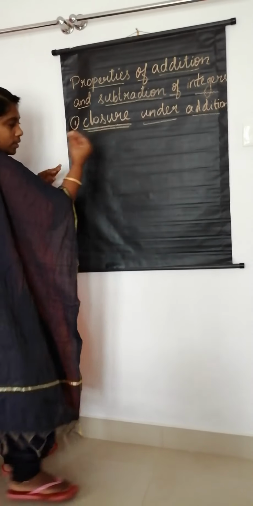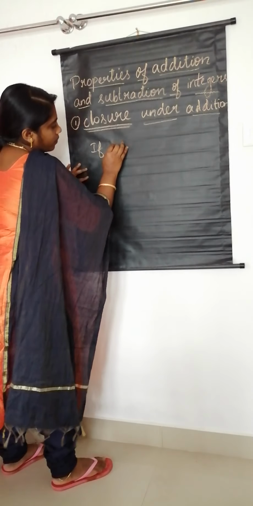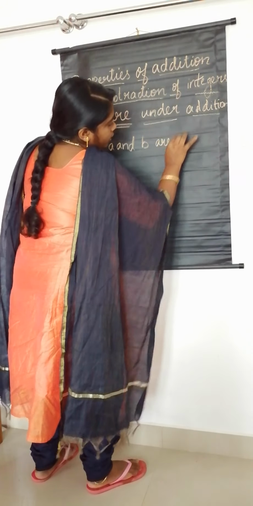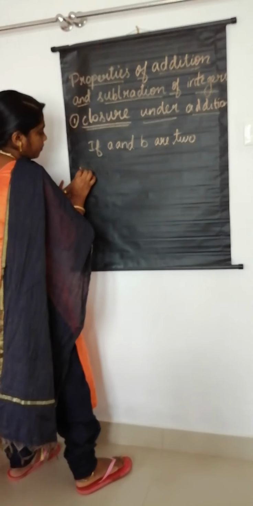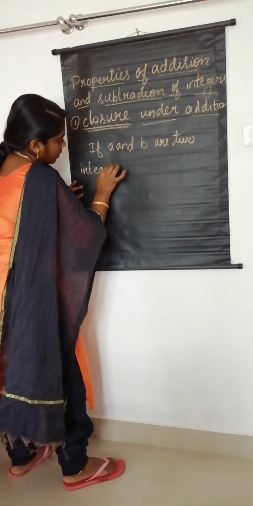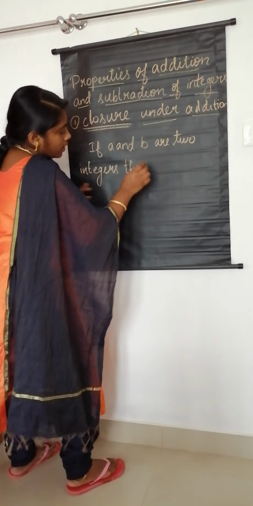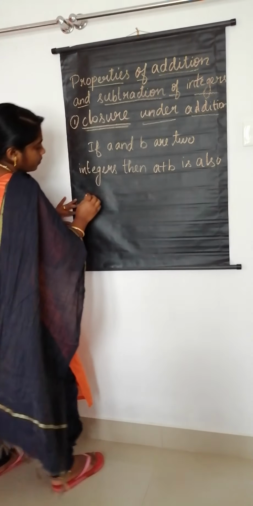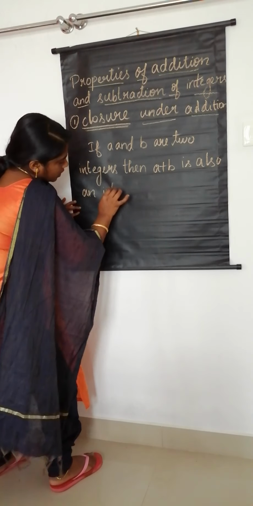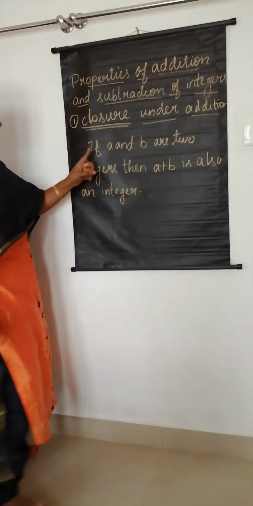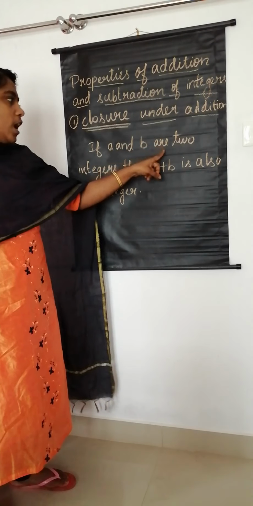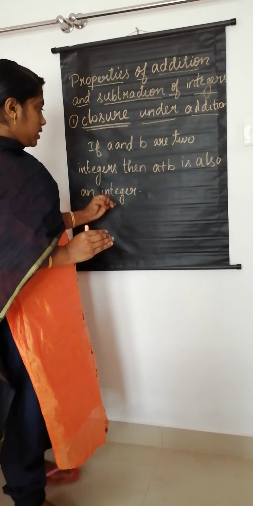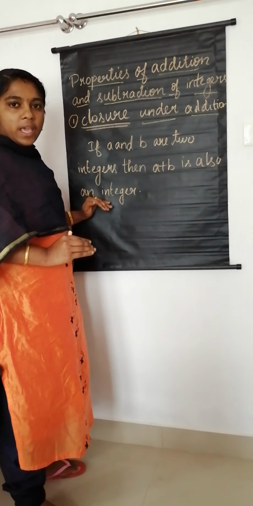So if A and B are two integers, then A plus B is also an integer. If A is an integer and B is another integer, then A plus B will also be an integer.